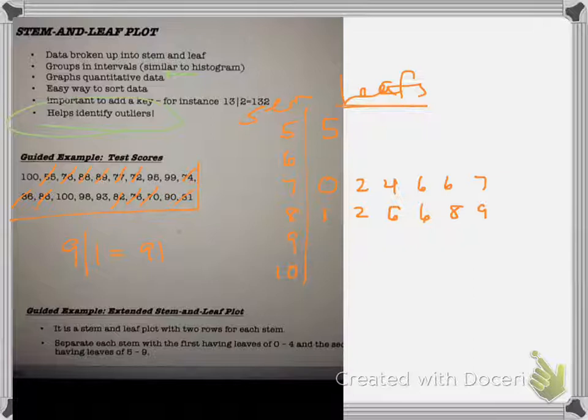Okay, then we go to the 90s, and we got a 90 here. We have a 93. We have a 95. We have a 98. And we have a 99. And then, of course, we have two 100s. Okay, so that is how we make a stem and leaf plot.